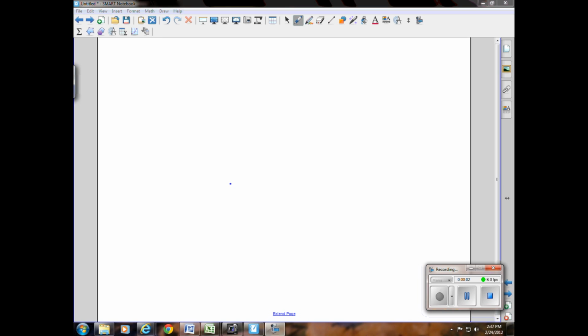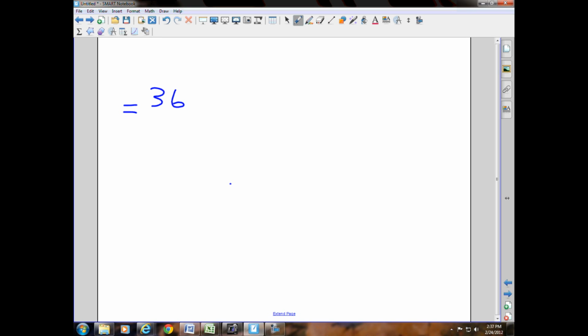Okay, let's look at a fraction where you might not readily see what the prime factors are for the numerator and denominator. Let's say that you finished a problem and you had an answer of 36/45. Okay, and we want to be able to factor all this out, but we can't see it that easily. So we can make a little factor tree.